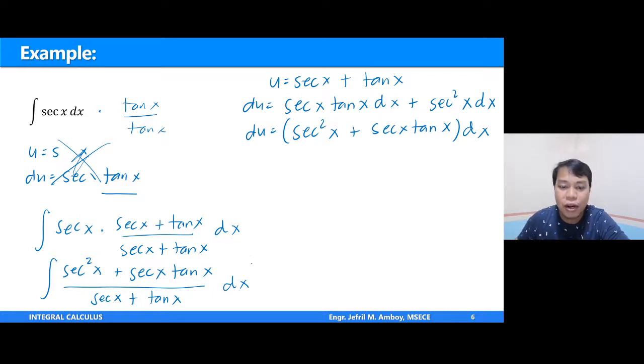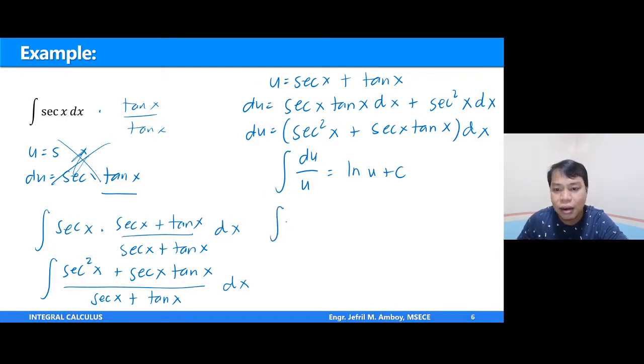Okay? So, I can now represent this as the integral of the entire numerator simply becoming du, and the denominator simply equal to u. Familiar, right? What is the integral of du over u? That's ln of u plus c. So, once again, we back substitute.